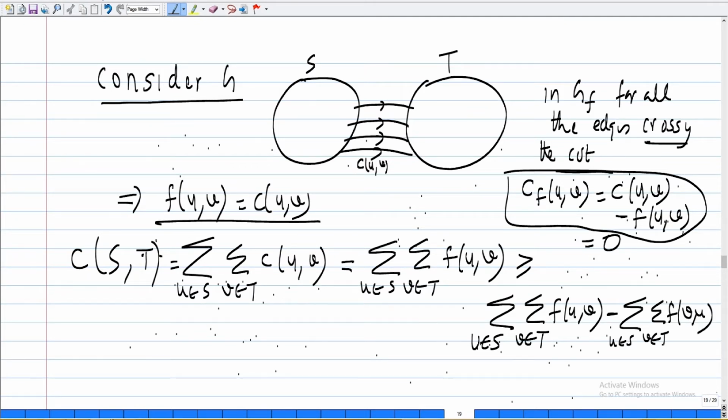Am I correct? Because I am subtracting a positive term. And what is the last term equal to? It's the value of f, which is f of s comma t. I didn't say equal to yet. I only showed greater than or equal to.